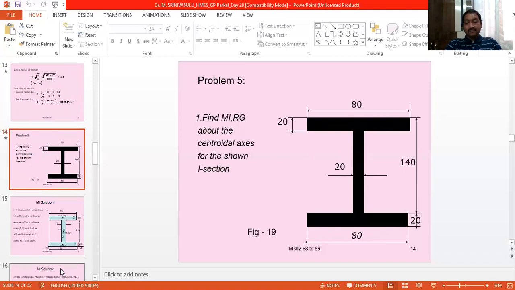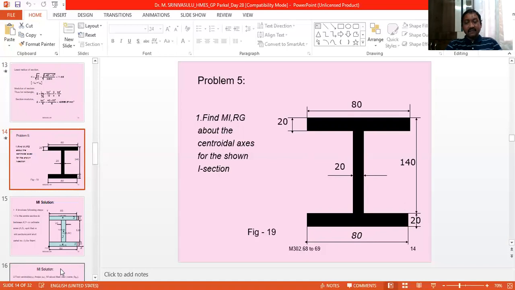So as far as the figure is concerned, the top flange and bottom flange are both the same, having the same dimensions, that is 80 millimeters width and 20 millimeters depth.